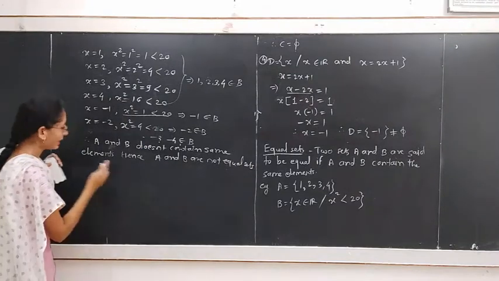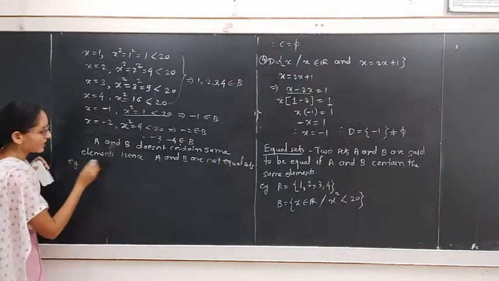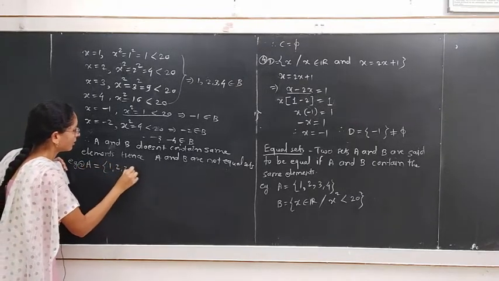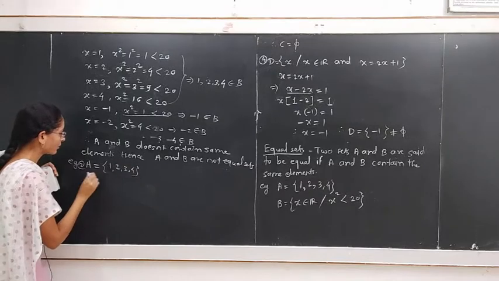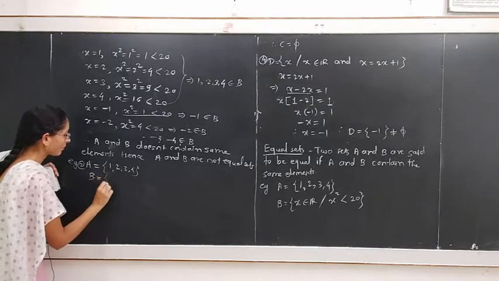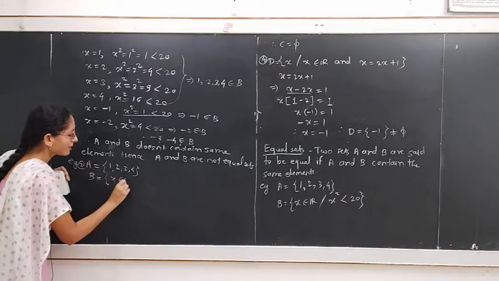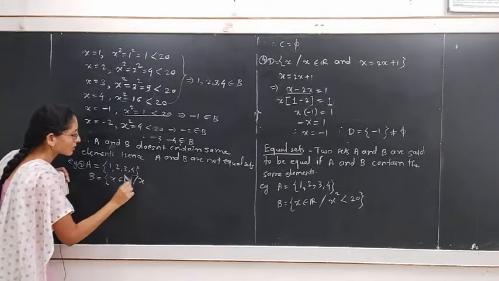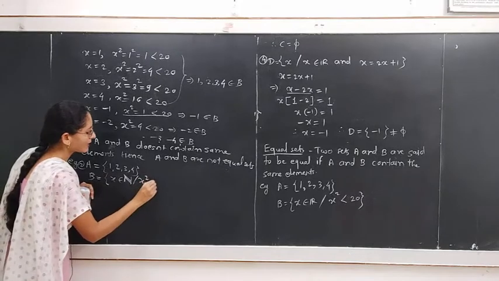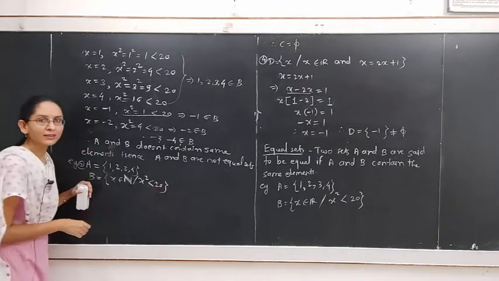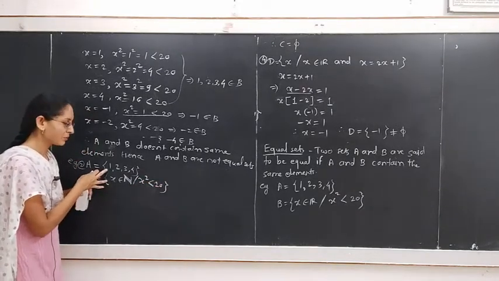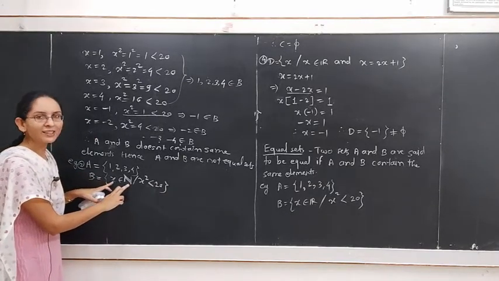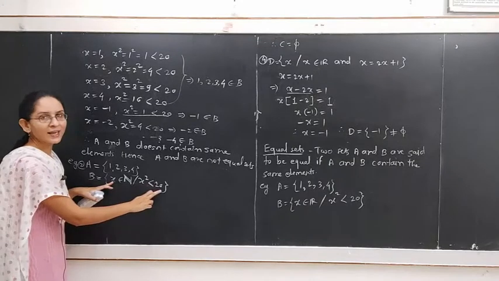Instead of set B, if we consider the same set A is equal to {1, 2, 3, 4} and set B is equal to {x: x belongs to the set of natural numbers where x square is less than 20}, then these two sets will be equal because B contains all the natural numbers whose square is less than 20.